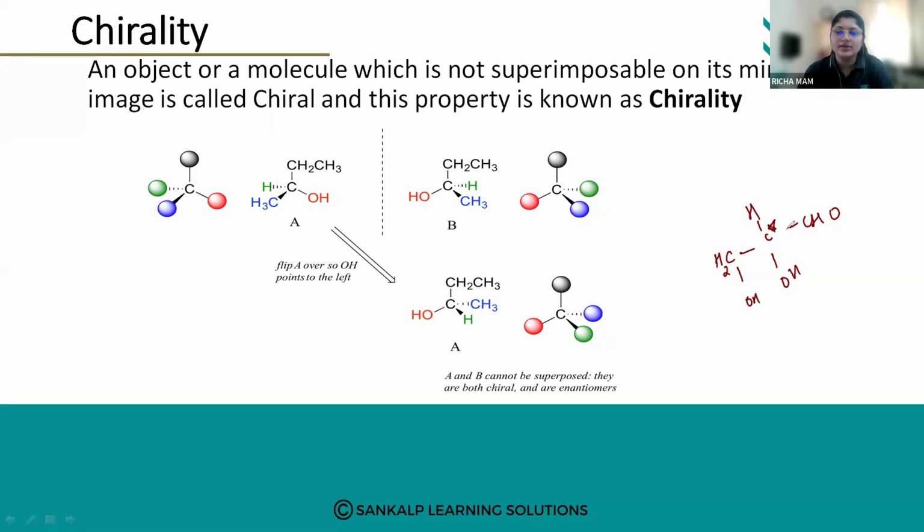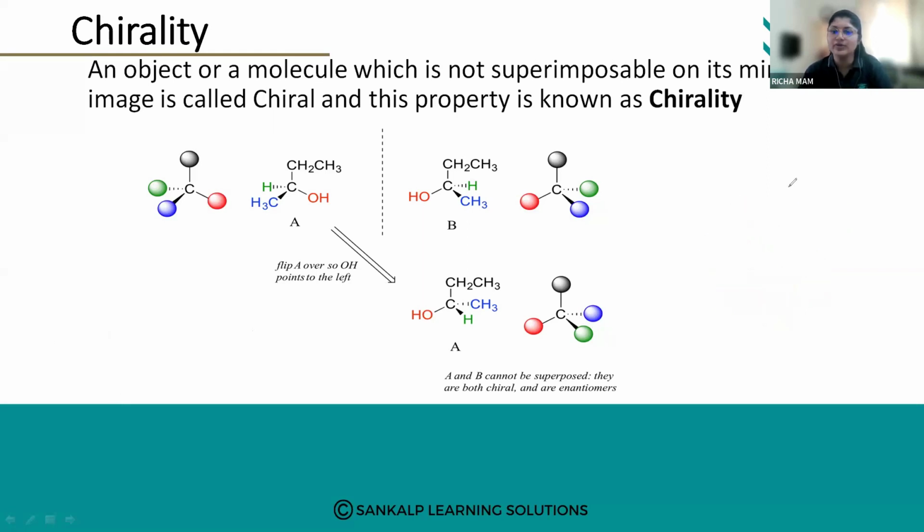This carbon is a stereo center. It has four different groups, one here, one here. When you talk about this one, it will be C double bond O, H. This is sp2 planar, so this won't be possible.